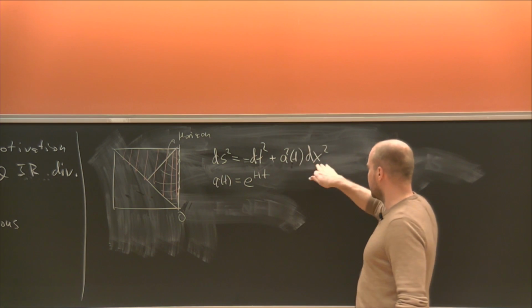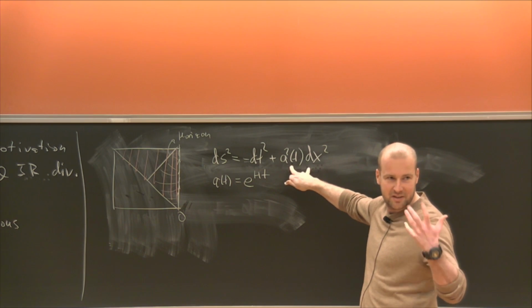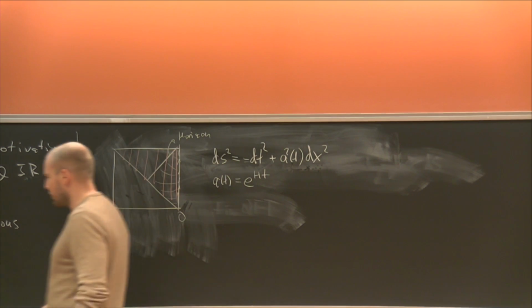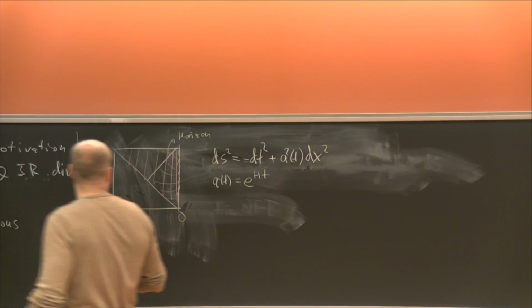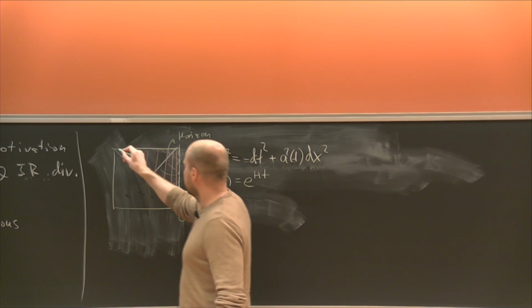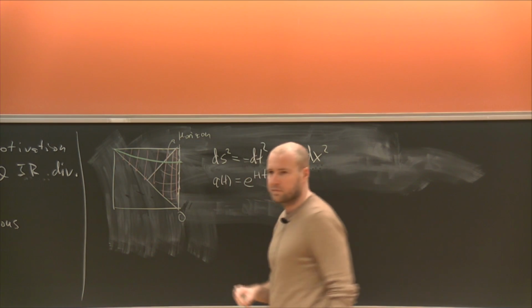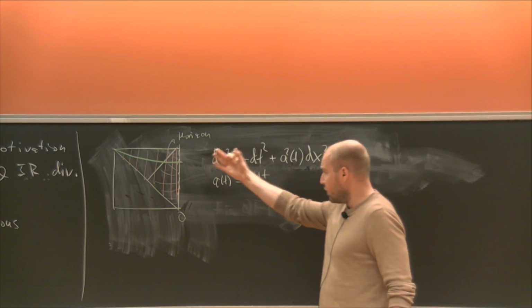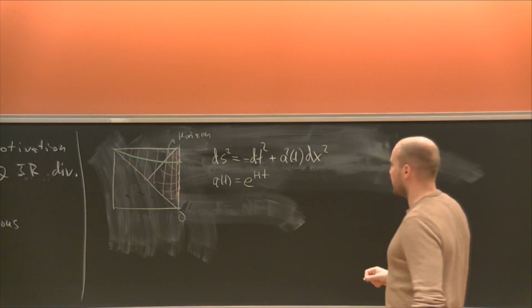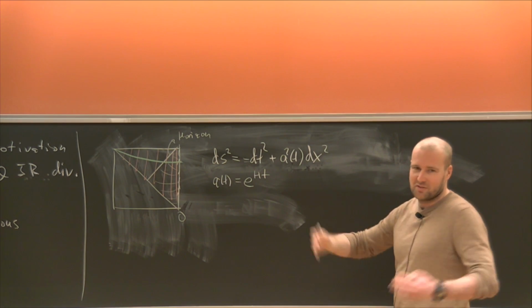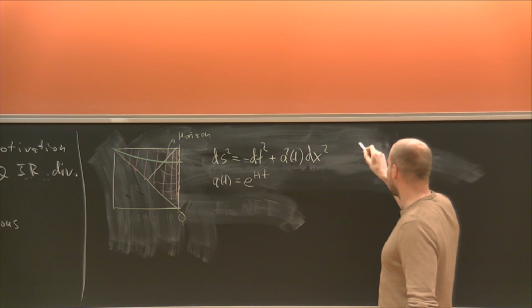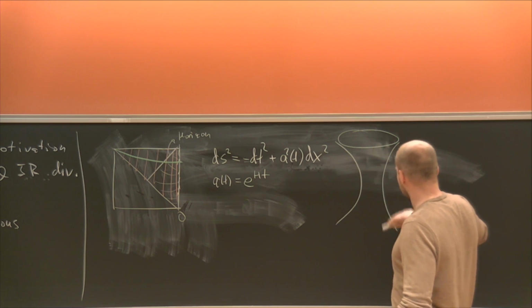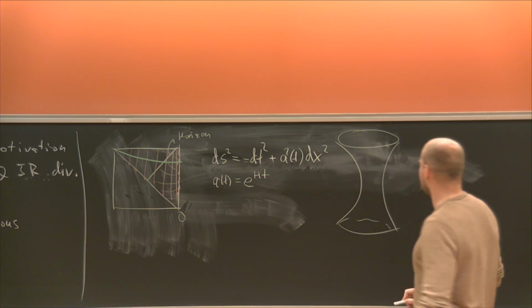So when time goes on, the physical size of our coordinate patch grows, and in this picture the constant time slices in FRW coordinates look something like this. There is another way of drawing de Sitter space rather than the Penrose diagram: drawing global de Sitter space as a hyperboloid. Then it looks something like this. It's a poor drawing of a hyperboloid, but anyway.